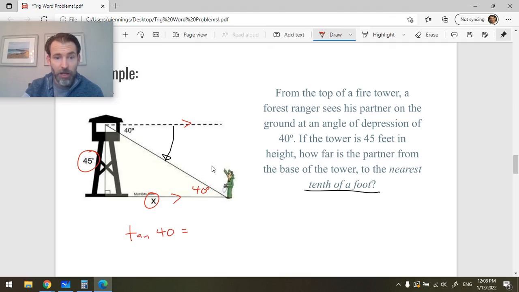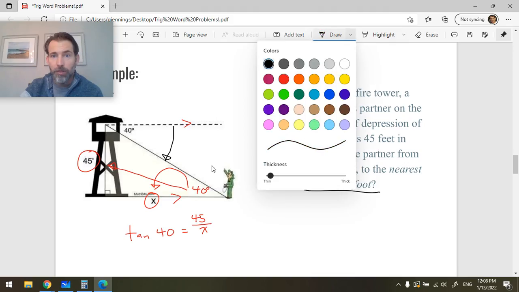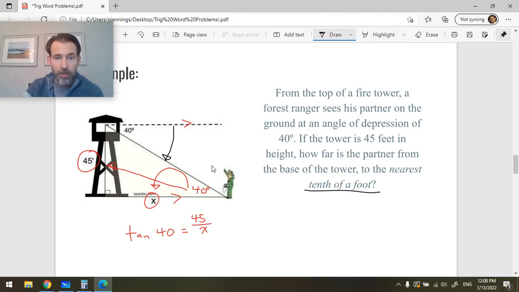So tangent 45 is equal to opposite, because that's opposite this angle, over the adjacent. So 45 over x. So I use some inverse operations here. I'm going to multiply both sides by x. That cancels here and here, and it brings it to the top on this side. But then I'm multiplying x by tan 40, and that's not convenient. So I'm going to divide tan 40 from both sides.